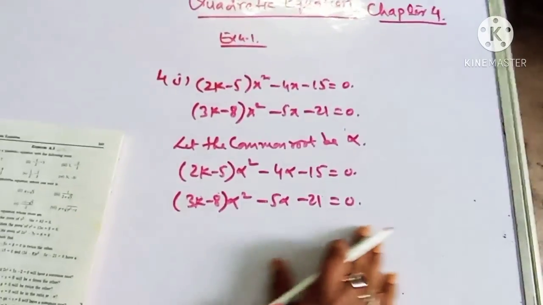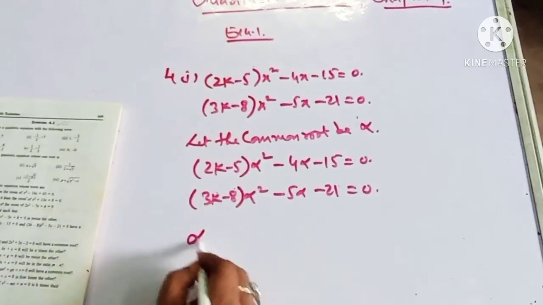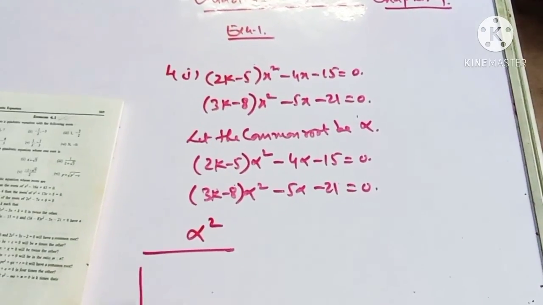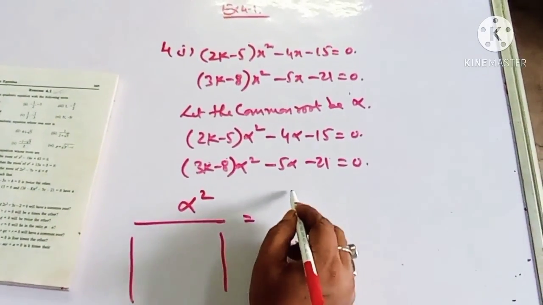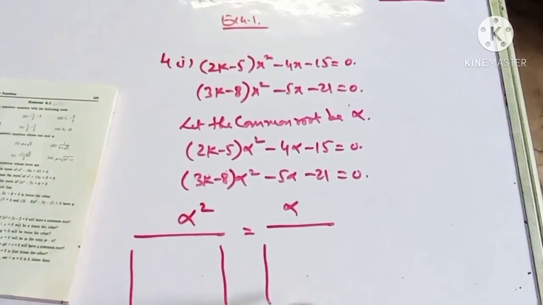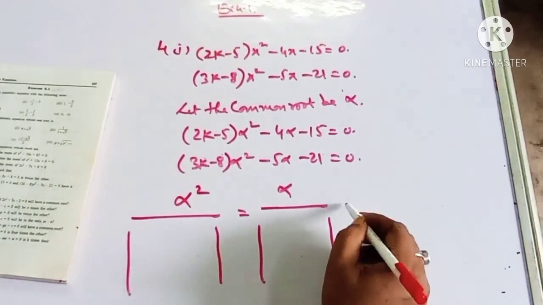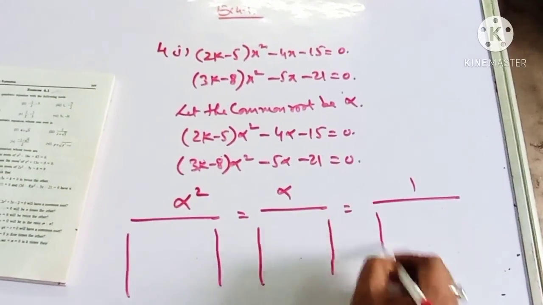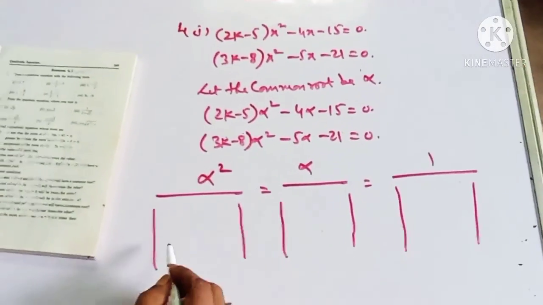Now I am going to apply the method of cross multiplication, with α², α and 1. This is the method I am going to use. This is the cross multiplication method.